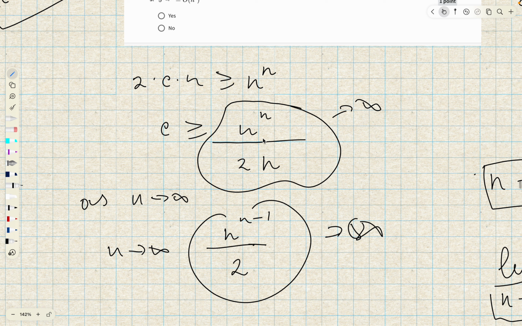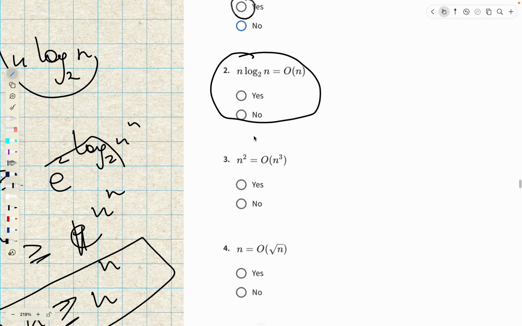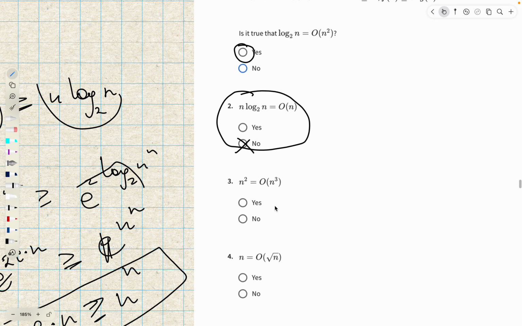It doesn't matter what we choose for c, we can always find a bigger value for this part. And because of that, no, this is not big O.